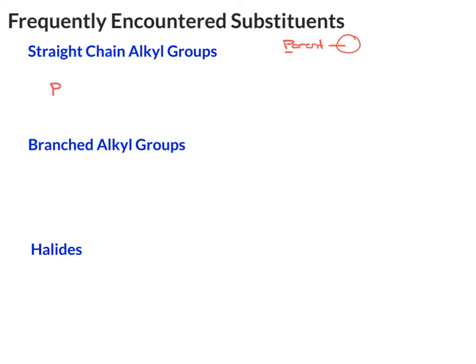So if you have just a CH3 on the parent, we know that that is called a methyl group. If you have a CH2CH3, that's called an ethyl group.